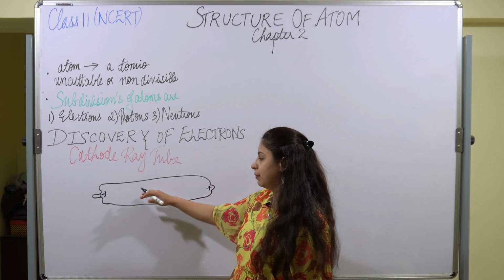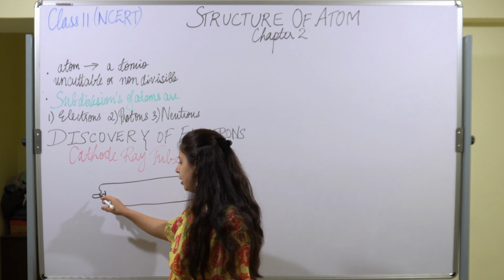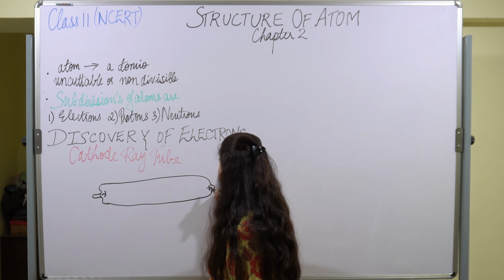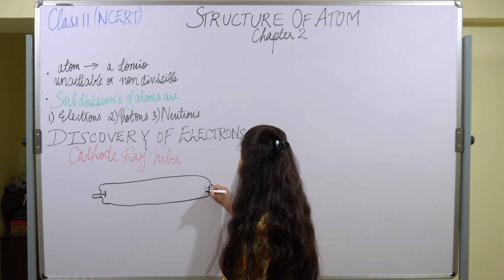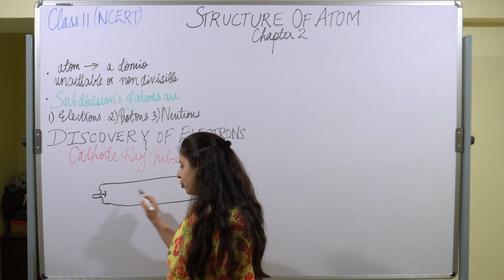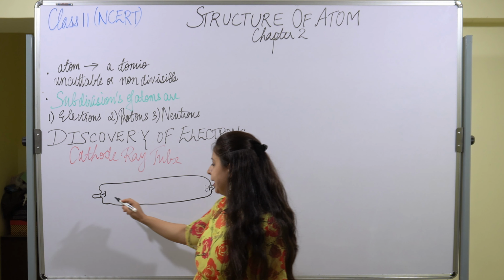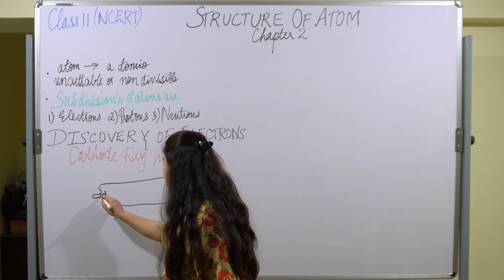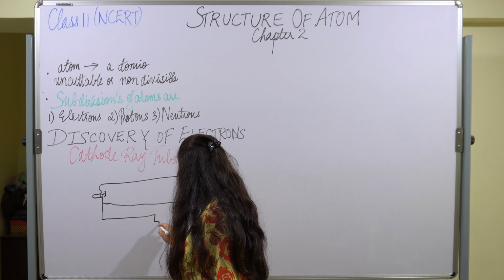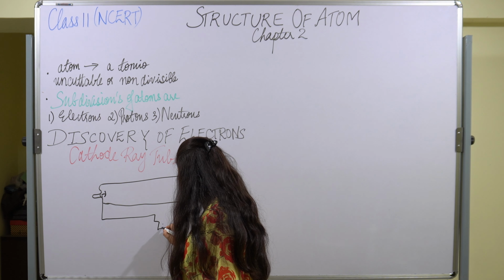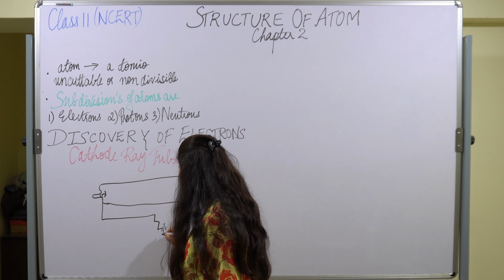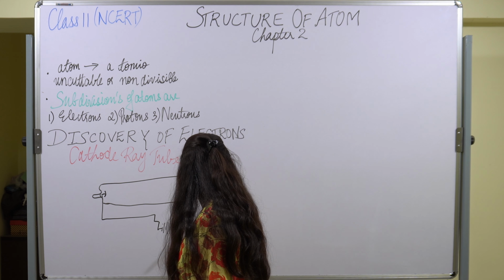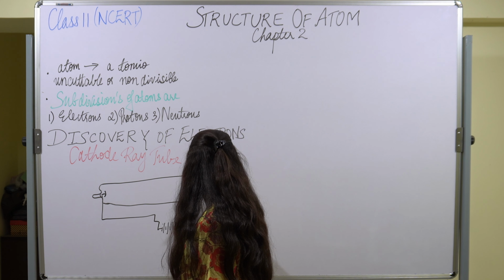Firstly, it is made up of two electrodes, one positive and one negative. A thin tube is there, and it is connected to the voltage.